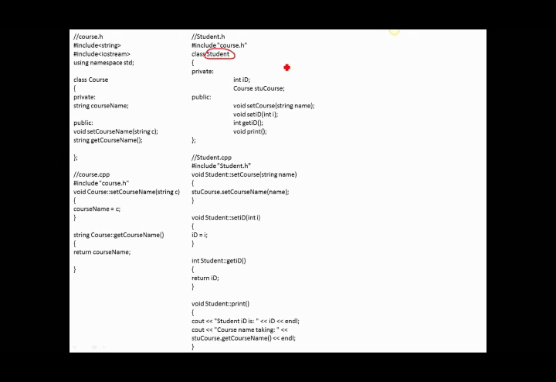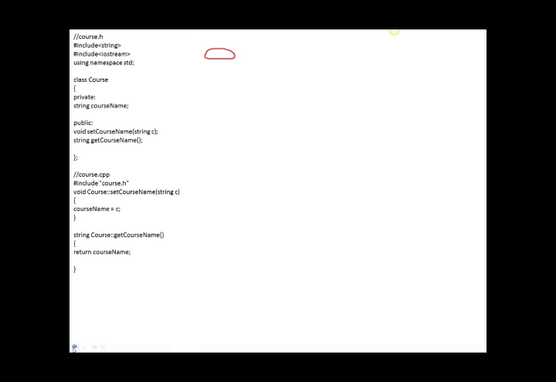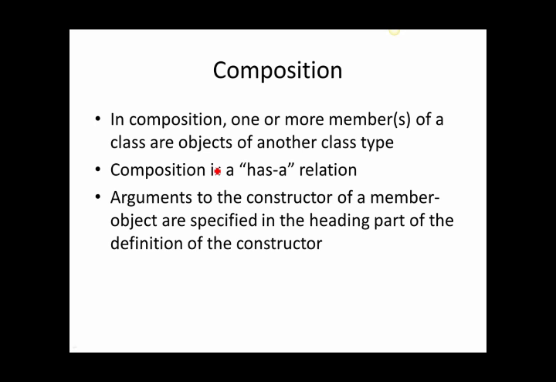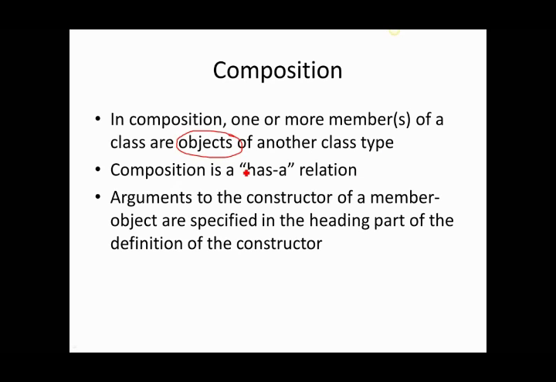So all I have to do is notice what I'm doing in the student class. I'm doing a composition. Composition basically means, and let me go back to my slide with the definition, one or more members of a class are objects of another class. Basically it just means an object of one class is a member of another class. So with that in mind, let's take a look.